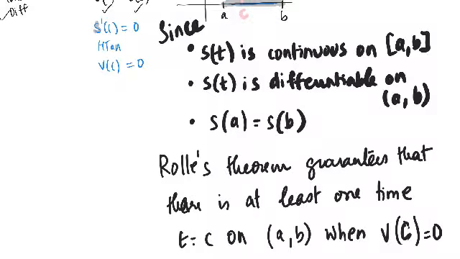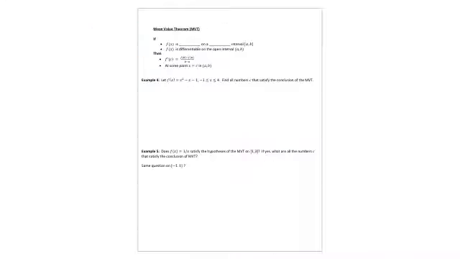So that means that in order to turn around, which it must have done to get back to the same position, the velocity had to become 0 at some point.